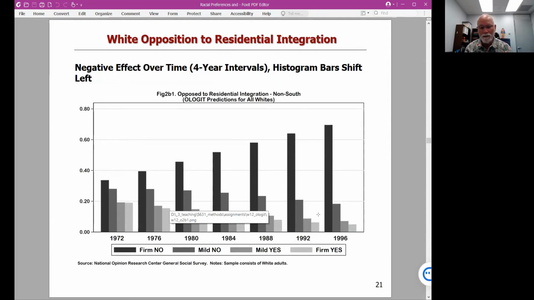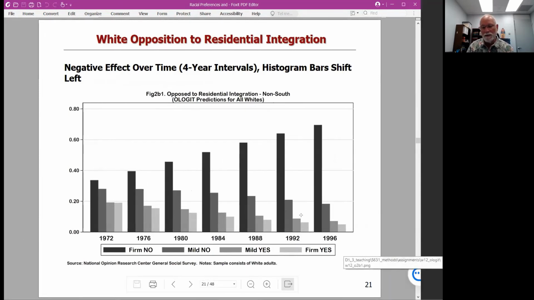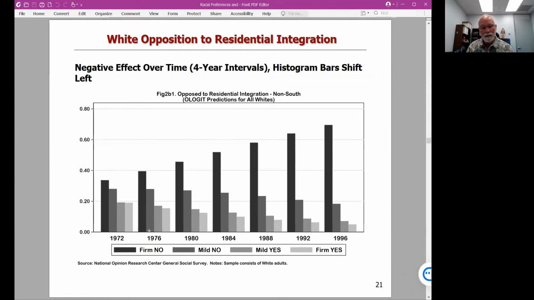There's no single coefficient that will give you the same easy to understand interpretation that this graph is giving. If we compare 1972 to 1996, what do we see? The number of people saying it's always wrong, very strongly wrong, is doubling in its height. And the percentage of people saying it's okay to oppose integration is falling off the table. It's only maybe a third or a quarter in 1996 of what it was in 1972.